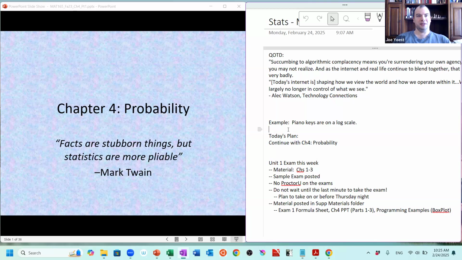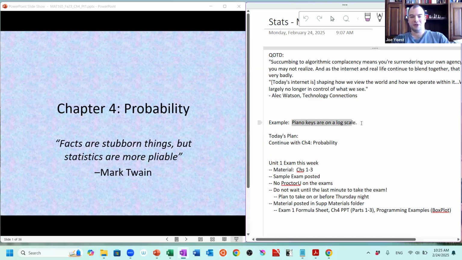The interplay between that linear and log scale gives a lot of depth to music theory. So that's what he was talking about. I just thought it was a cool application of a log scale that we had talked about earlier in the course.